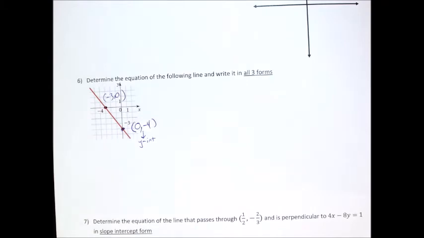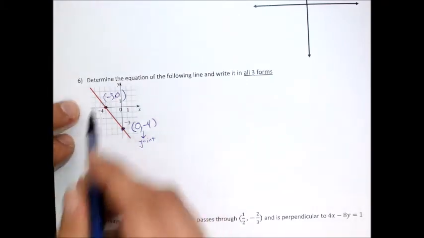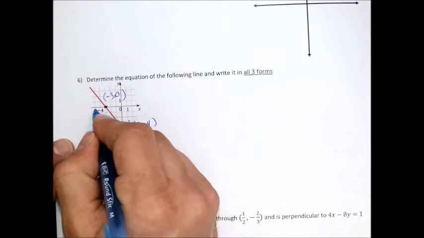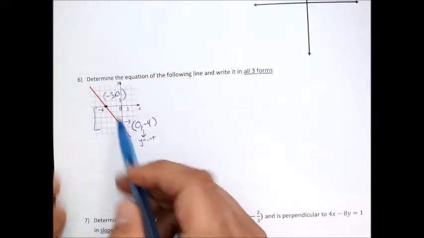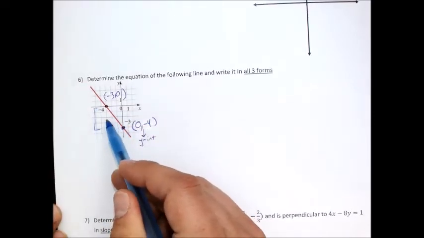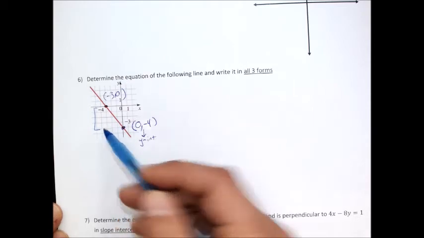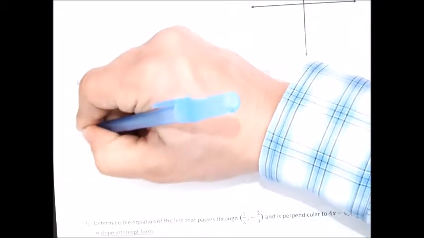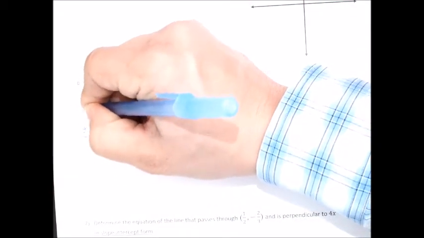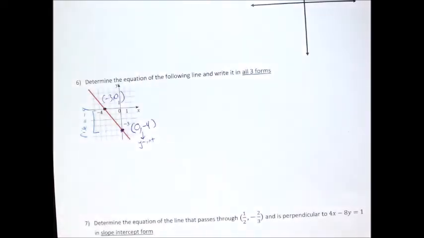And so the way we get the slope is we count the rise and the run, right? So the rise here is it goes down 1, 2, 3, 4. So if it goes down 4, that is a rise of negative 4 because it went down that many.